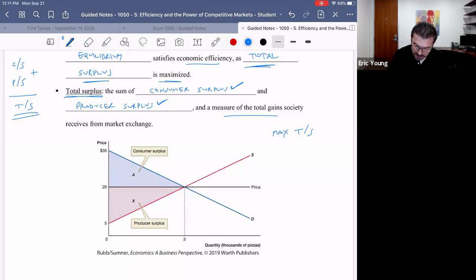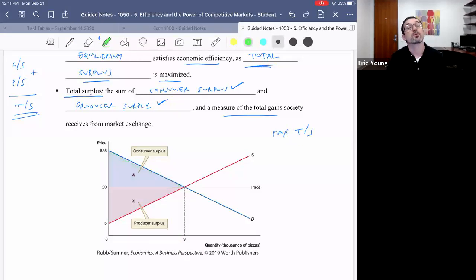Okay, really quickly, I'm showing you here something that you already had. Let's just get a quick look at it. We know that consumer surplus was defined as the gap between how much a buyer is willing to pay and what they actually pay. And therefore, it could be seen as the triangle below the demand curve and above the price. This triangle below the demand curve and above price was consumer surplus.